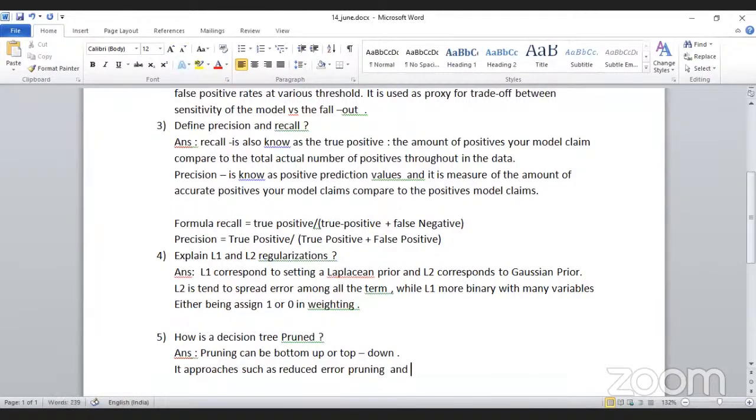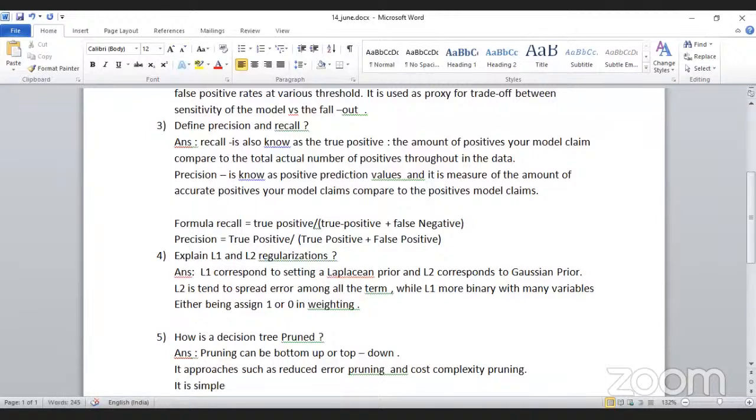Tuning, and also it can be cost complexity tuning. We can say it is the simplest way. Okay.